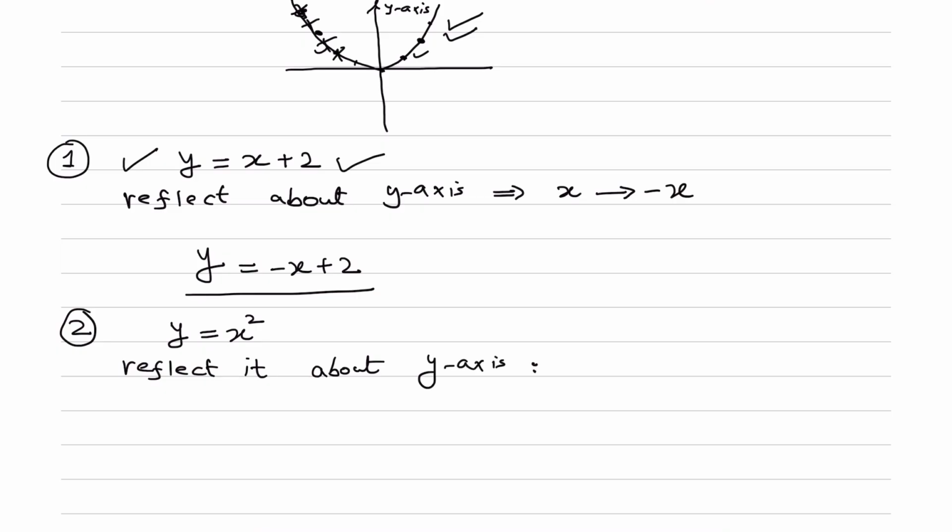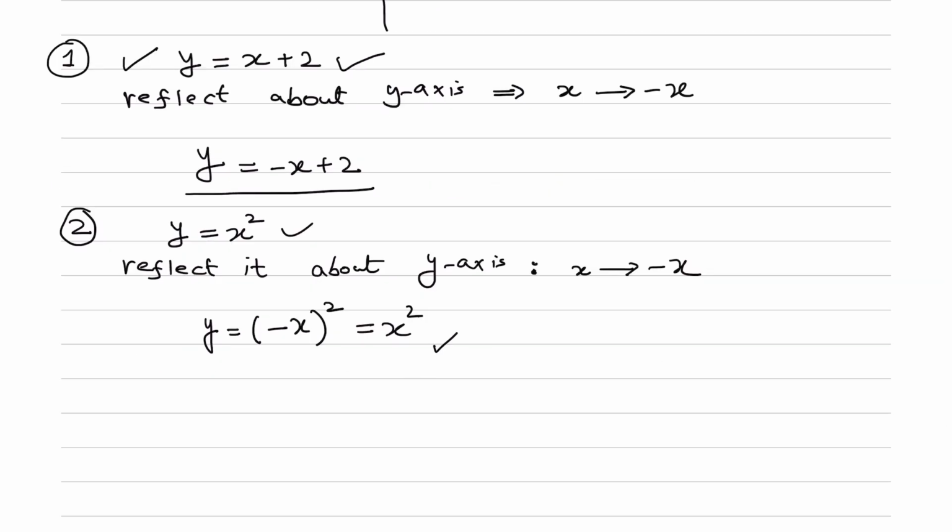So we know the rule that for reflection about y-axis we will have to replace x by minus x. So in this graph, in the place of x we put minus x whole square and we get x square. So the reflection of this graph y equal to x square is again y equal to x square.